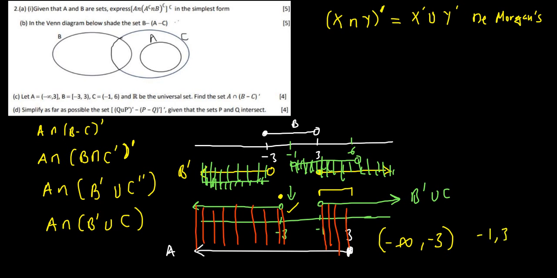So 3 is here in the set A. 3 is also in the set that is on top. So we are going to close there. But negative 1 is not part of this set. So we are going to open. So this is the intersection. But because you have got two different points where they're intersecting, you're supposed to combine them. Combining means you put a union. So put a union between them. Okay, you are combining them. So this is how you can work out these sets.